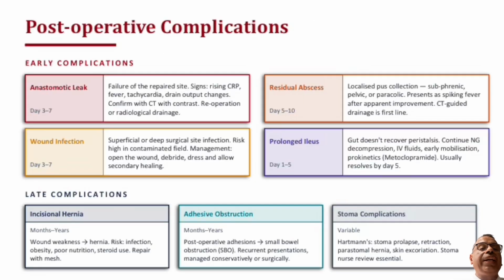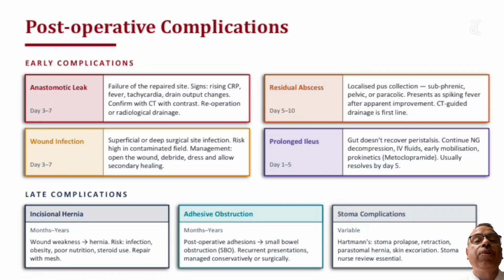What are the post-op complications following such surgery which should be carefully watched, especially when a patient is brought to the ward? There are early complications and late complications. Among early complications, the most common one to be careful about is anastomotic leak, if there is a primary anastomosis. This would occur on day 3 to 7.